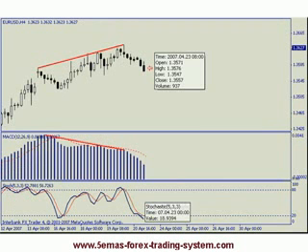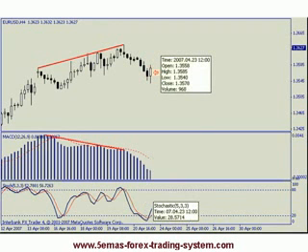Later on the 23rd, the stochastic moves back out of the oversold region and returns to the middle region. This is a clear signal that the downward pullback is over and that we can open a long position at the close of that 4-hour bar.